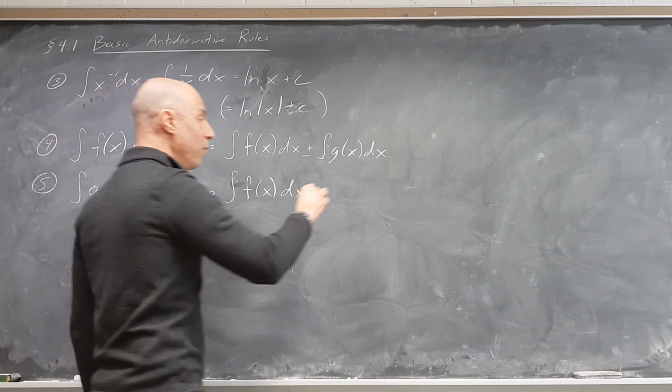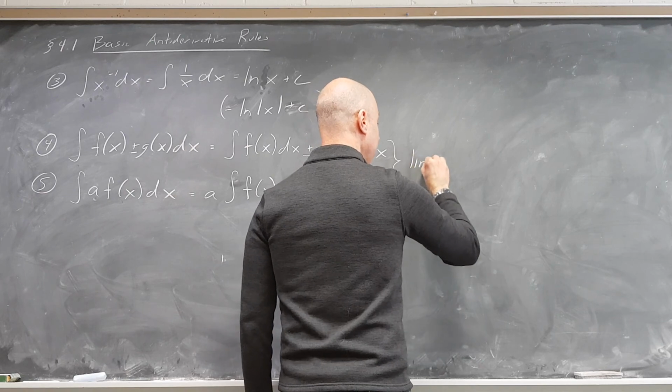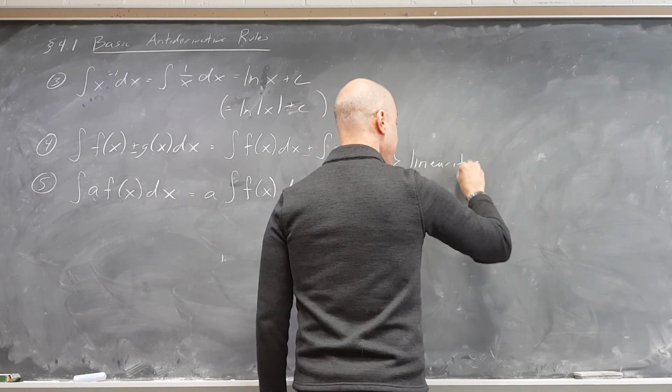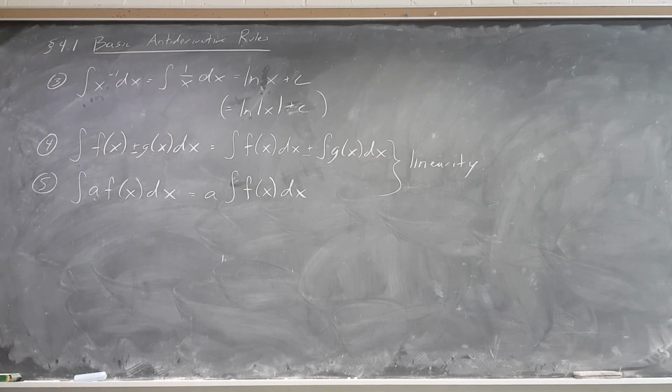These two always go together, and together they're known as linearity. And as I've said many times, some of you are going to find yourself in a course called linear algebra, which is all about this property, these two things put together.